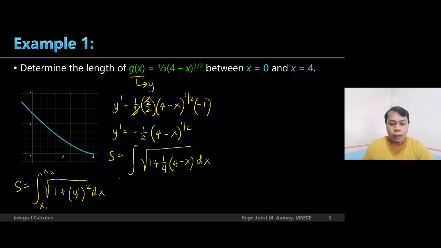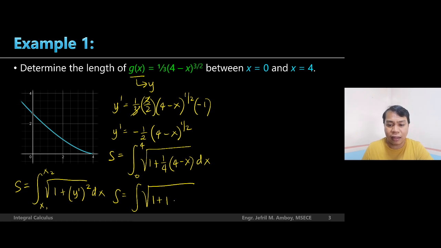Okay? Now, s. So from, lagay natin yung limit from 0 to 4. Okay. Now, paano mo ito i-integrate? Okay. Para ma-integrate mo yan, pwede mo namang i-simplify yung nasa loob ng square root. S equals the integral of the square root of. Okay, so we have 1 plus 1/4 times 4 is just 1.